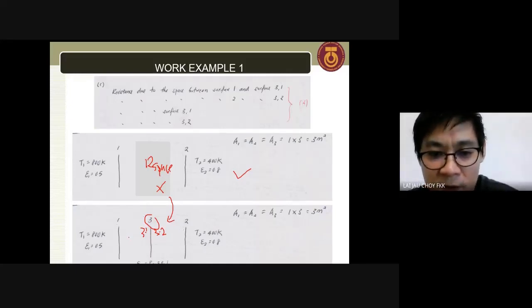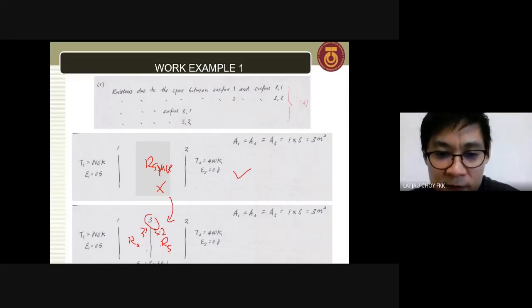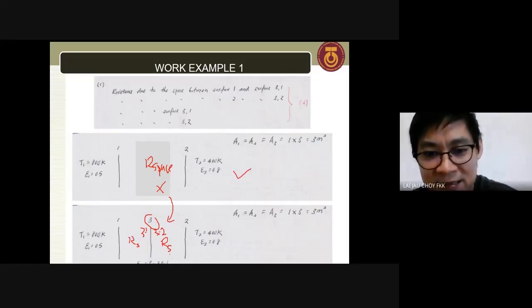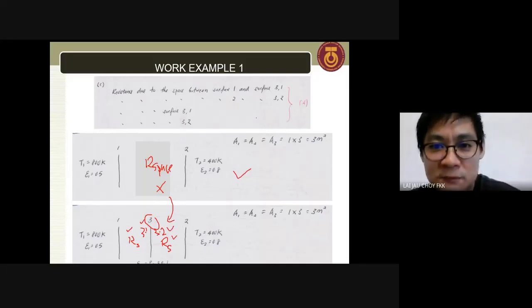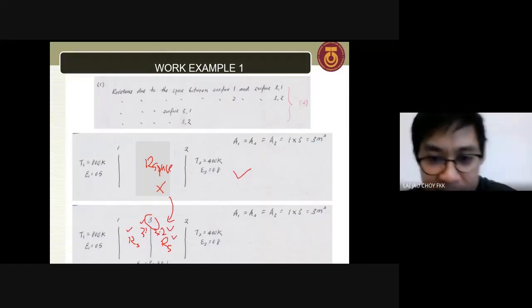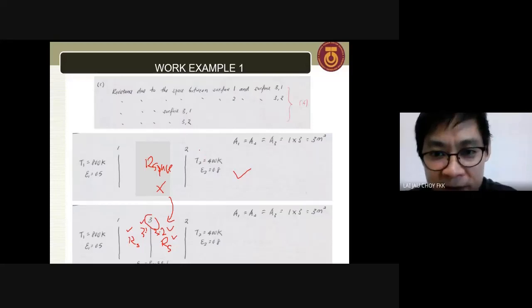So you have one space resistance here and one space resistance there. And you also have surface resistance due to surface 3,1 and surface 3,2. So these are the newly added resistances, 1, 2, 3, and 4: 2 space resistances and 2 surface resistances. I hope that's clear.